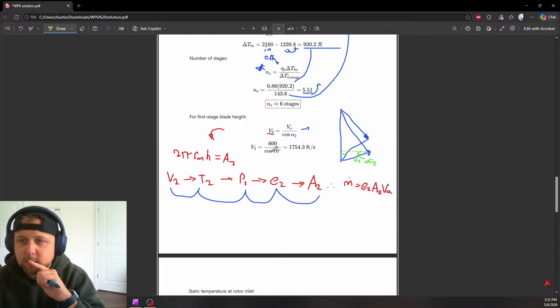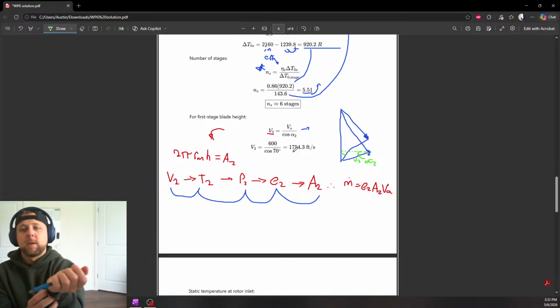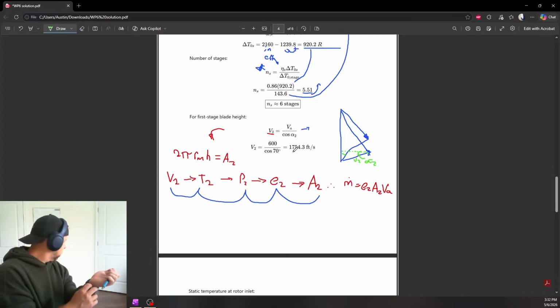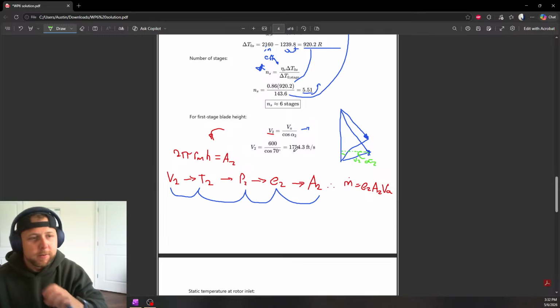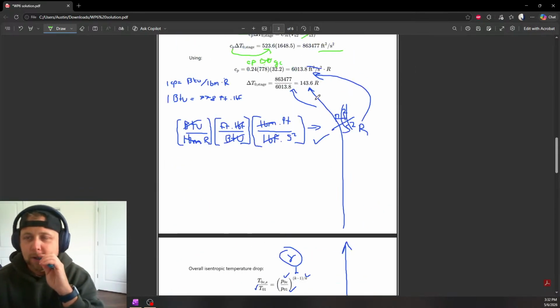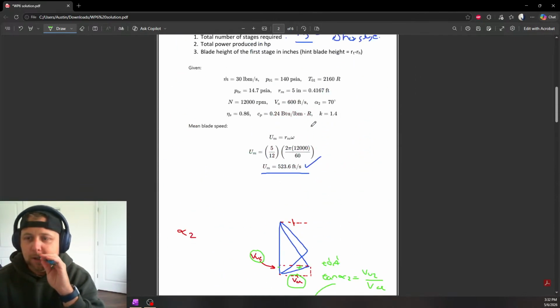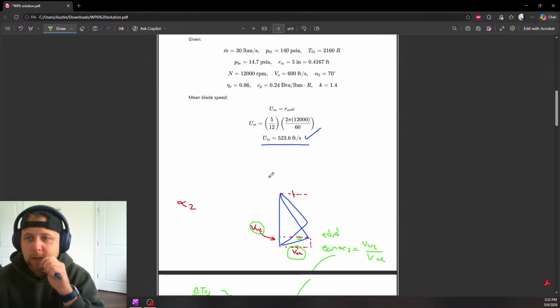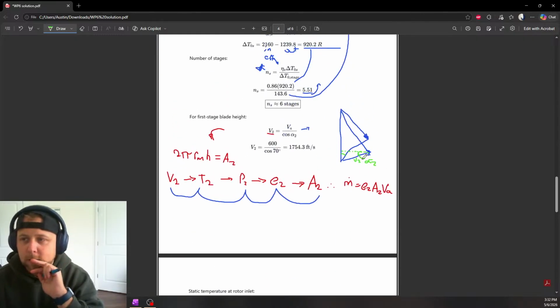So it says alpha 2 is 70. My dog's asleep. Because this one right here is V2. This is the one we want.